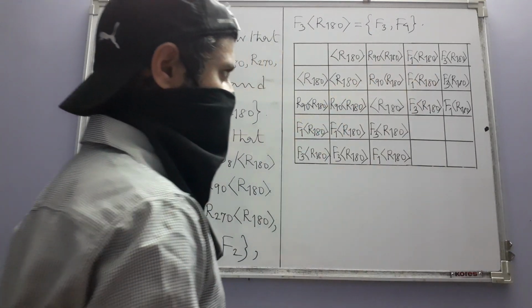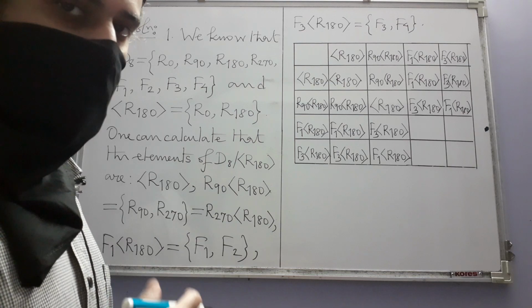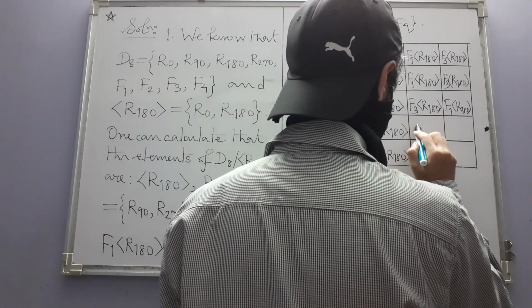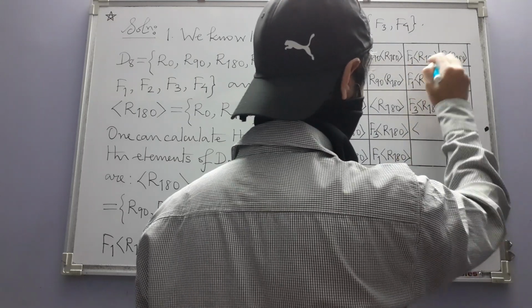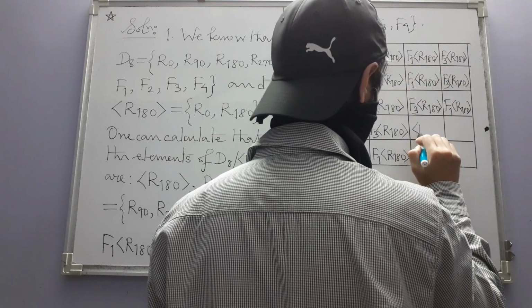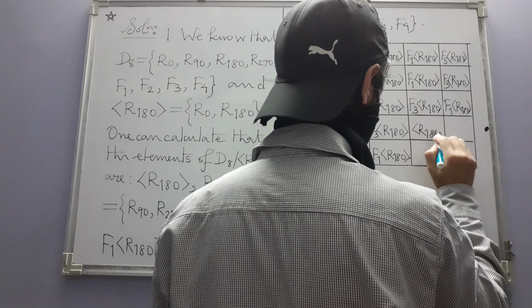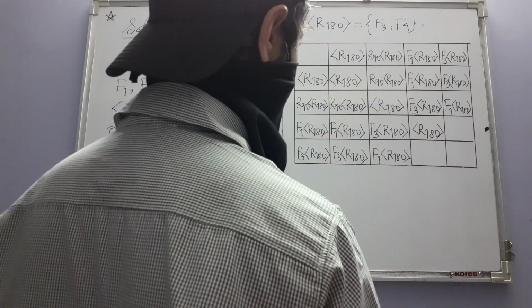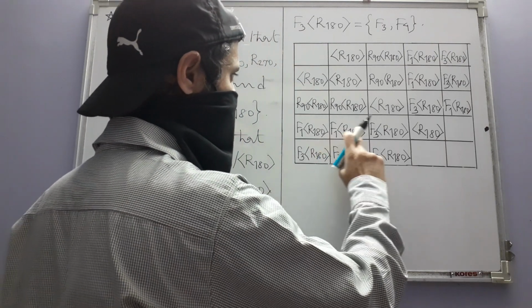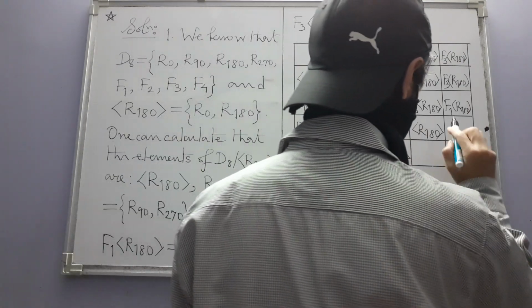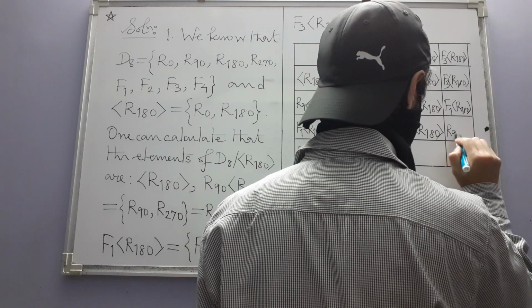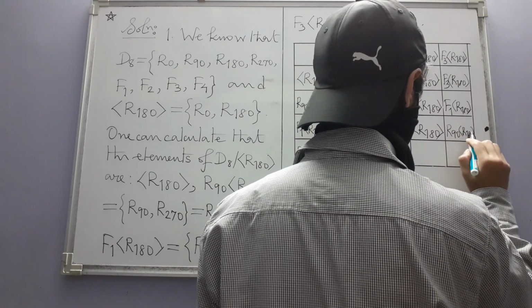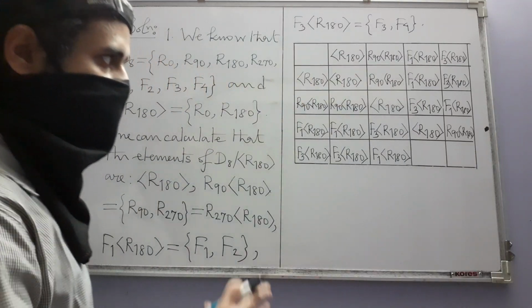Next, F1 F1. Since F1 is a reflection, F1 F1 is the identity, and the identity is in this subgroup R180, so this is R180. Then F1, F3. Now you have F1, F3 and this one, so what else is there? R90 R180. So no need to go looking for that.